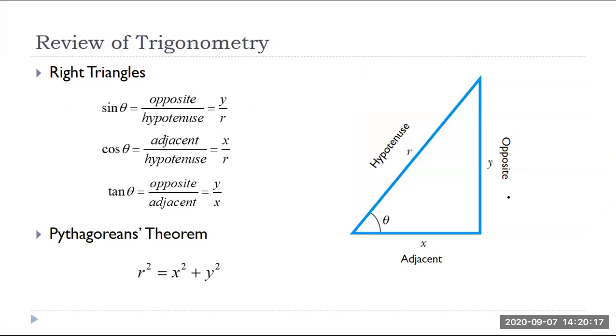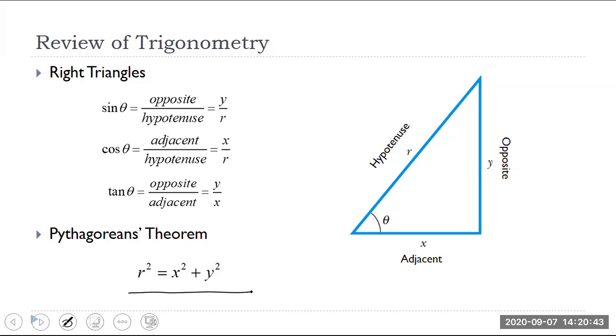As I look at, and hopefully remember a little bit about right triangles, of course we've got Pythagorean's theorem down here, which basically says a squared plus b squared equals c squared, except in this case our sides are x and y, and our hypotenuse here is this polar coordinate r. And then we can also use our definitions of sine, cosine, and tangent.